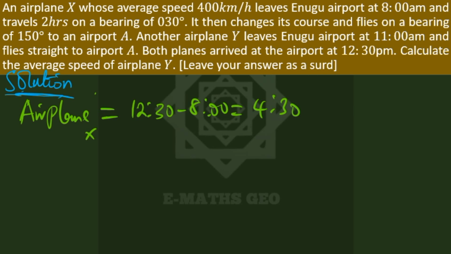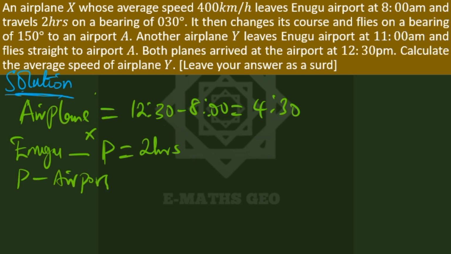But the airplane took 2 parts: from Enugu to, let's call it point P, that's the first part, it took 2 hours. And from point P to airport A, it will be 2 hours 30 minutes.